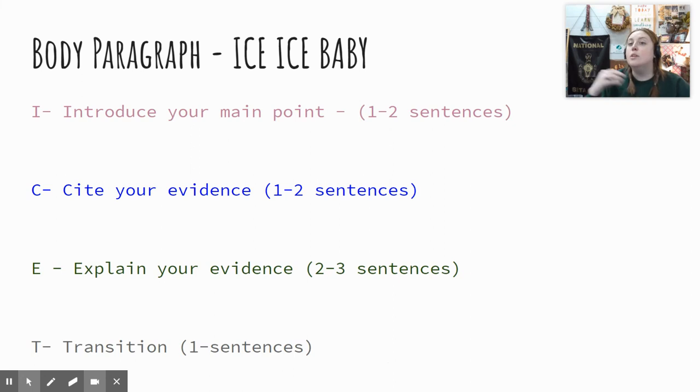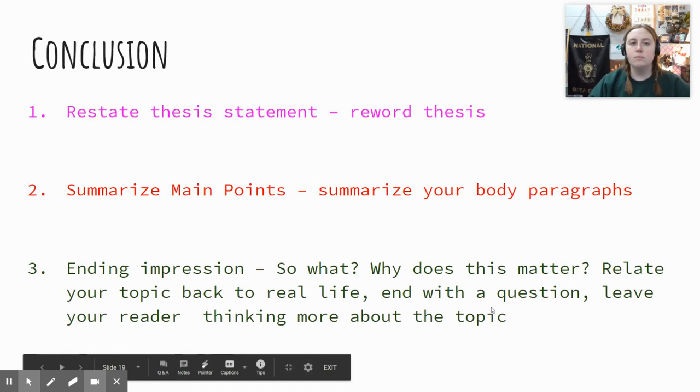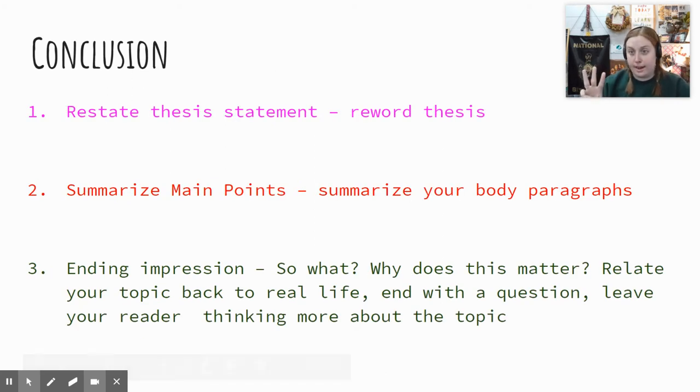Again, I'm talking about what my body paragraph was about, but previewing what the next one will be about, which is the Radley house being really scary, which is how that setting is developed. So that is your 3 body paragraphs. We'll follow that iced tea method: introduce, cite, explain, transition.